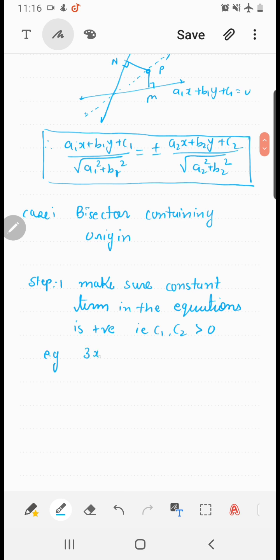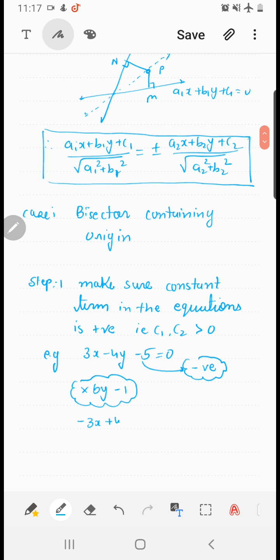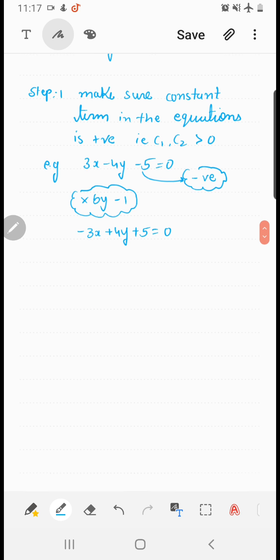Let's say I have 3x minus 4y minus 5 equal to 0. First of all, make sure your equation is in equal to 0 form. Now if you see the constant term here, it is negative. I want this constant term to be positive, so I multiply the equation by minus 1. What I get is minus 3x plus 4y plus 5 equal to 0. So that would be your first step.